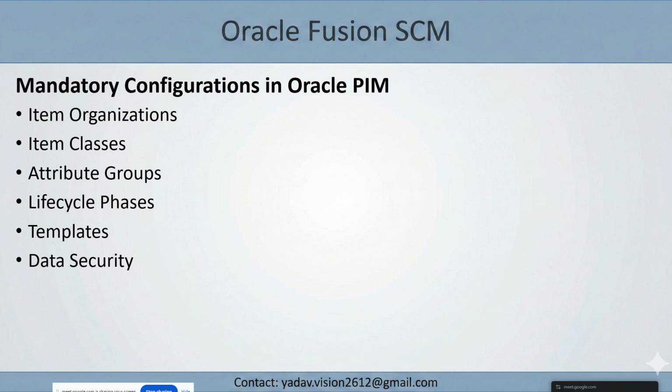And data security. As I said, item is a key for all the modules. So I can't give this access to anyone. It needs to be maintained by one specific department or the people where I can control the item master. Or else what will happen? If I provide access to all the people, they can go and update anything, directly impacting the other modules.